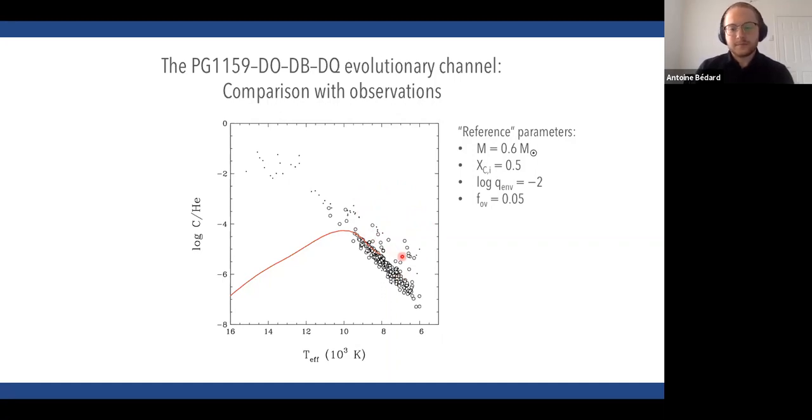Okay, so now we have a very interesting question from Nicole, in fact, regarding some helium subdwarfs and also these extreme helium stars or R Coronae Borealis stars, which show some carbon in their envelopes, and they will evolve into DOs.